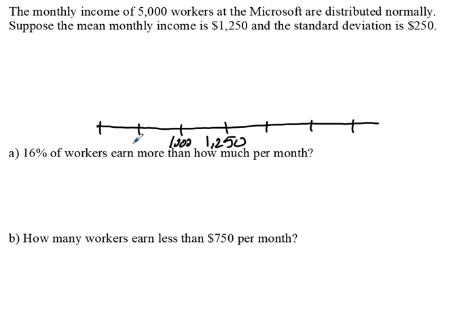If I subtract 250 again, I have 750. Subtract it again, I have 500. Now it's time to add it. 1,250 plus 250 is 1,500. Add it again. 1,750. Add it again. 2,000.